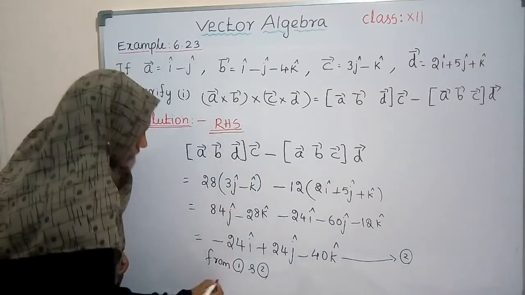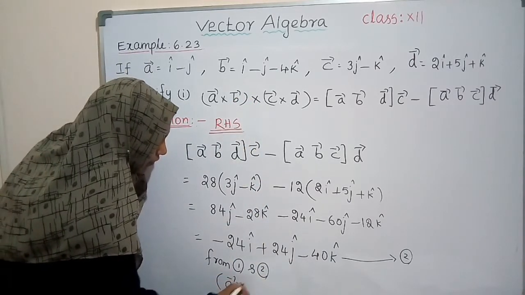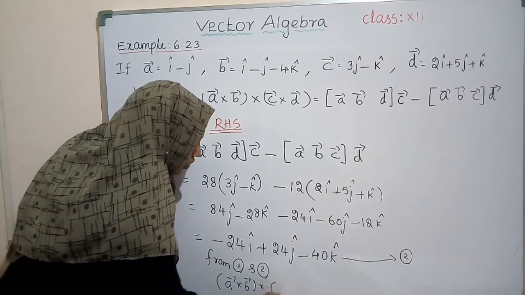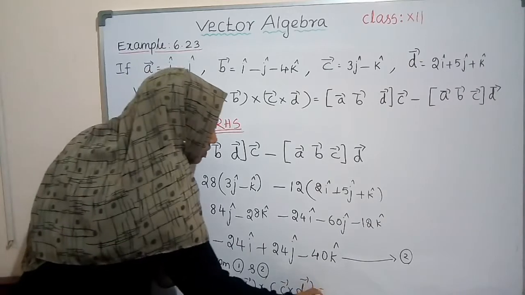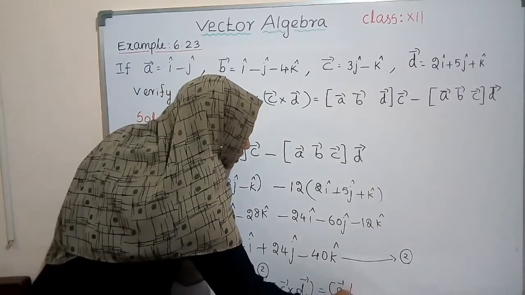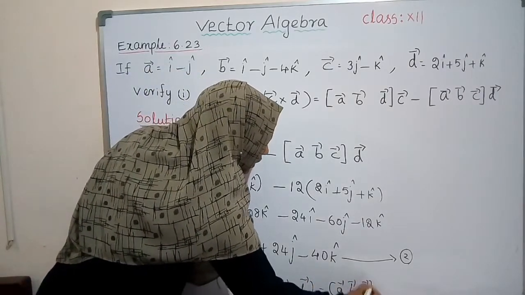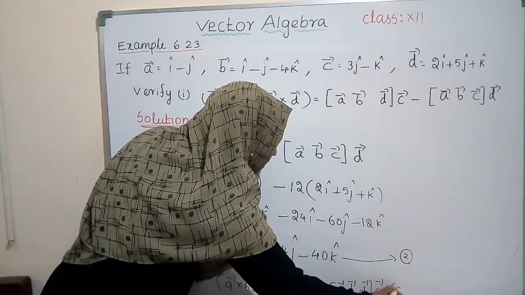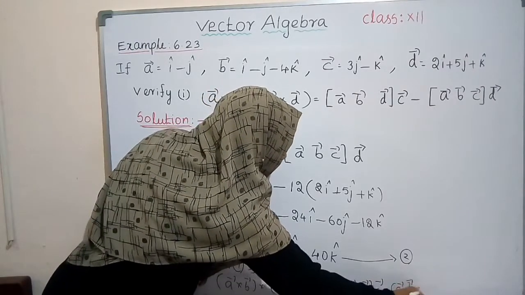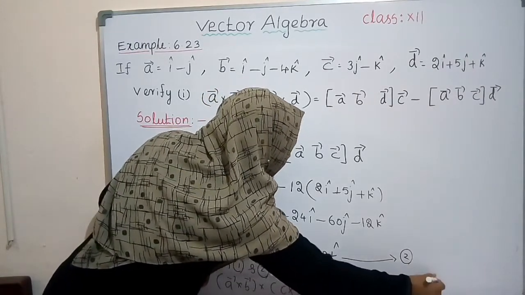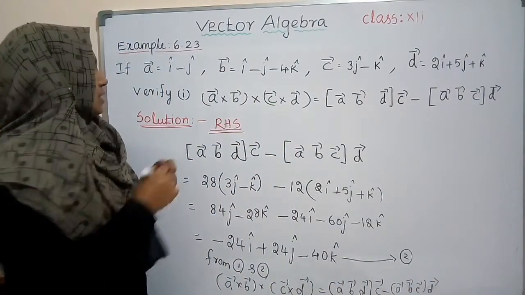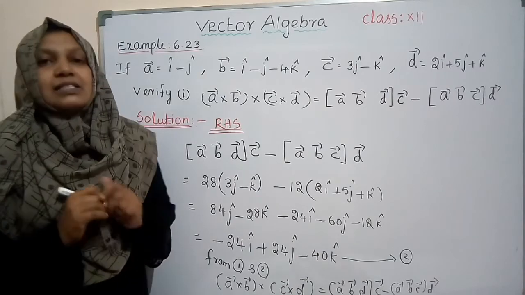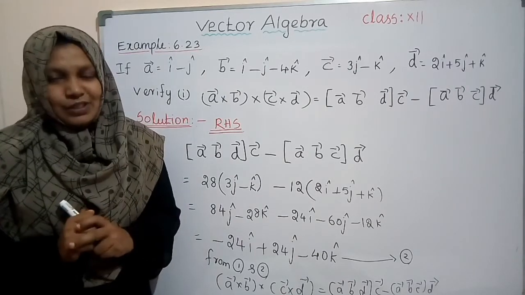That is our question. a vector cross b vector cross c vector cross d vector is equal to box ABD into C minus ABC into D. Okay? Yes. So here I proved subdivision number 1, and subdivision number 2 is your homework today.